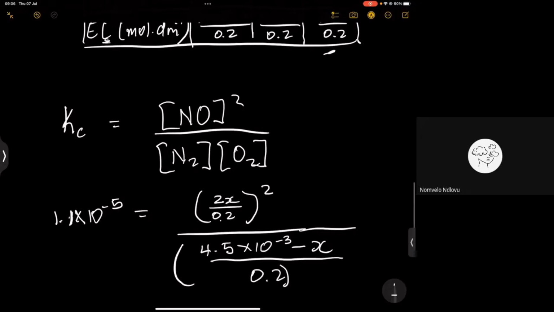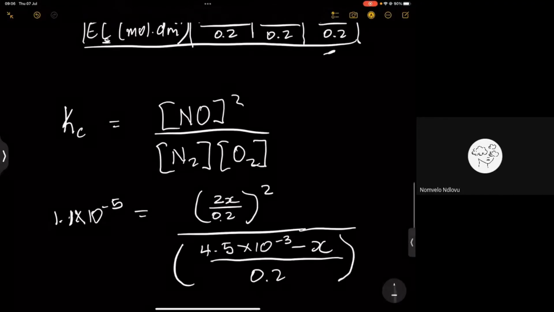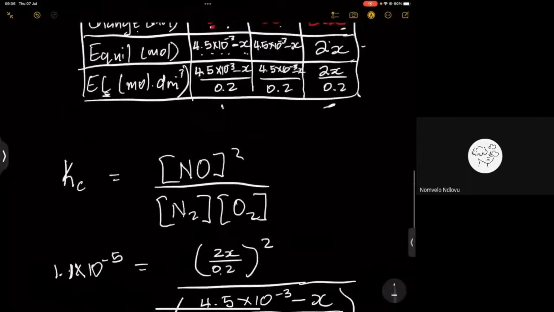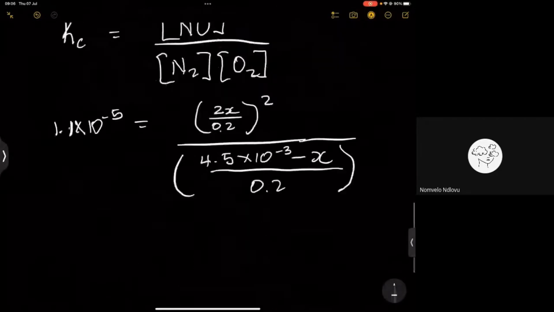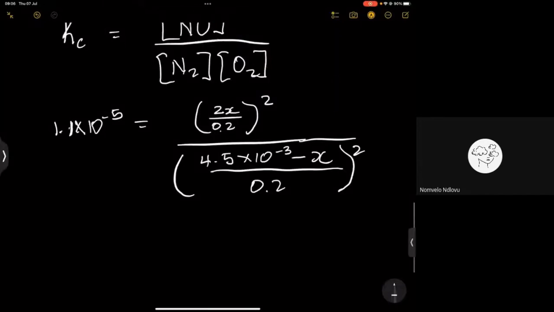Now, all over 0.2. Do you agree that those values are exactly the same for nitrogen and oxygen? So if you don't mind, can I just put there a square? Do we all understand? Yes, sir. Right. So what I'm going to do, I don't want to be working with these difficult things.